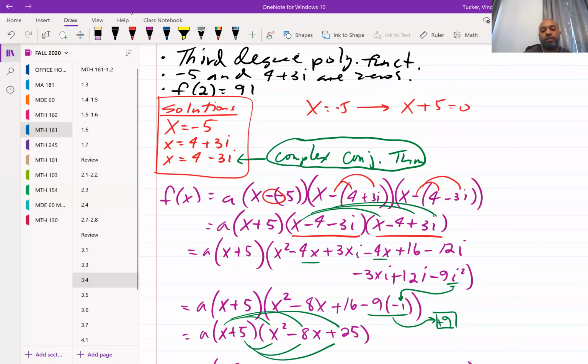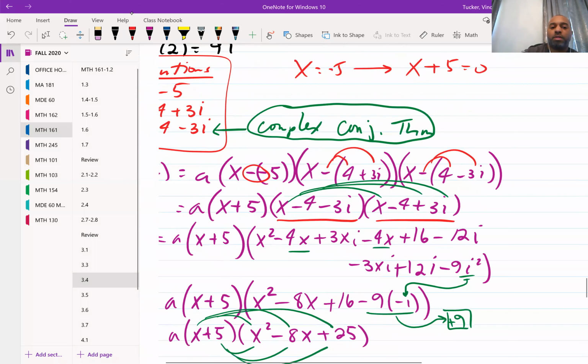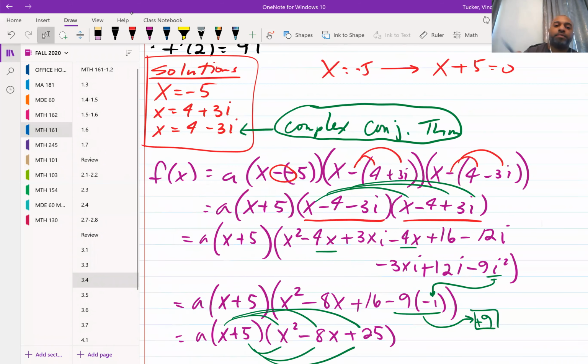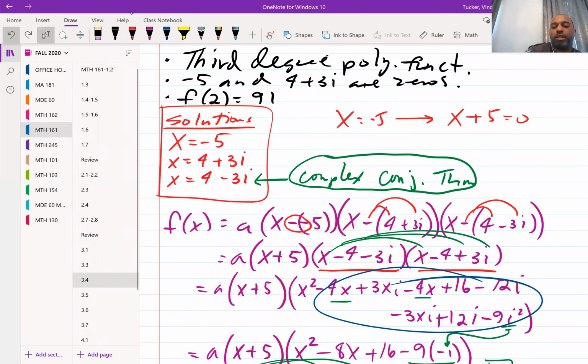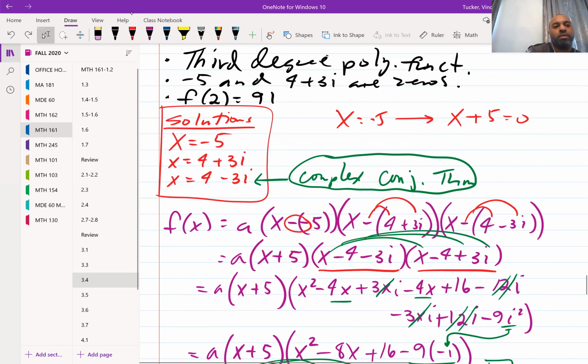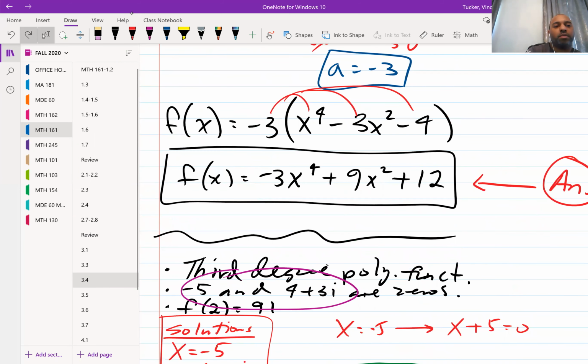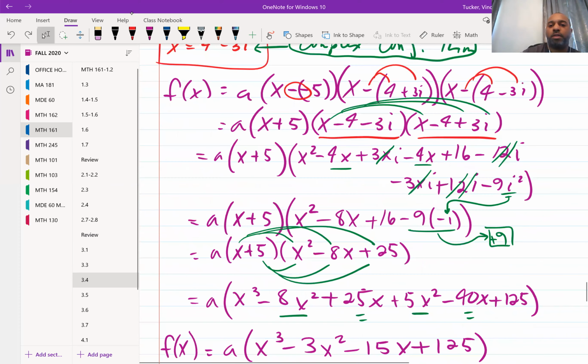We have x squared minus 4x plus 3xi minus 4x plus 16 minus 12i minus 3xi plus 12i minus 9i squared. Oh, didn't mean to do that. Sorry, let me go back down. Here we go.